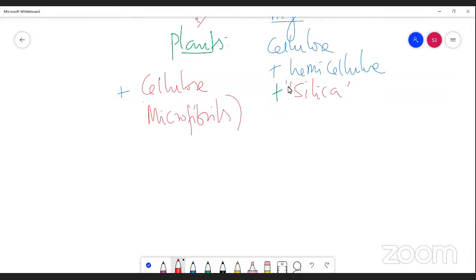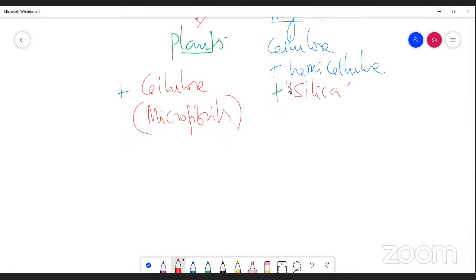Cellulose is a fibrous structure, a fibrous growth, which is very long, thin, and very elastic in nature. These fiber-like structures are associated in the cell wall of higher plants. So simply you can say the cell wall of plants is made up of cellulose.